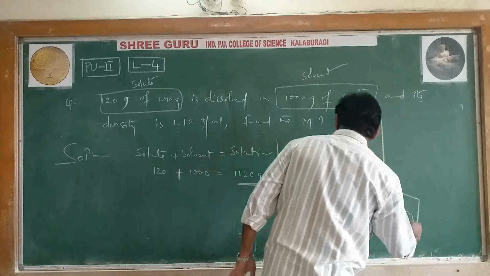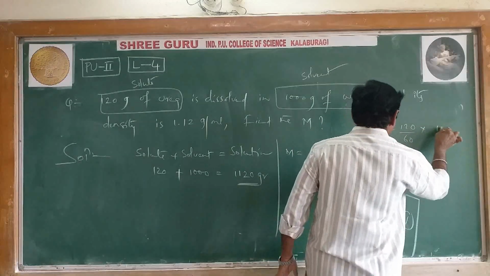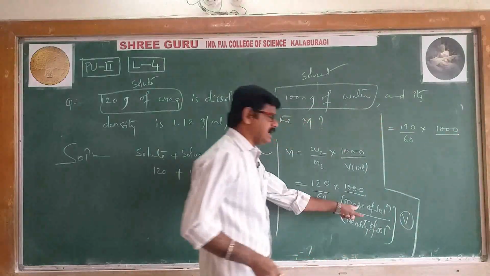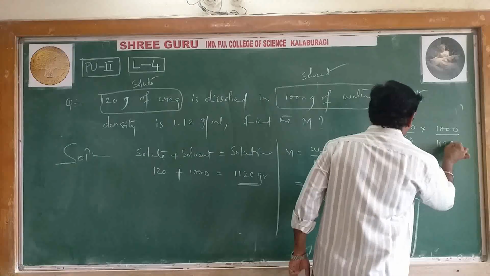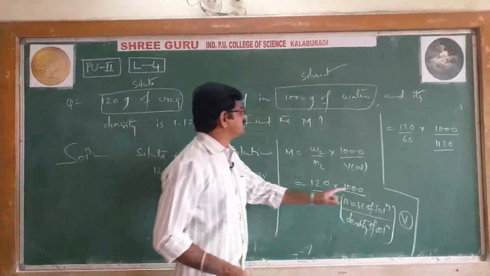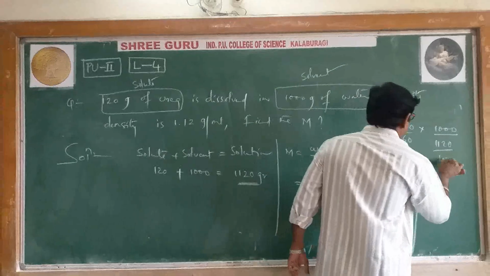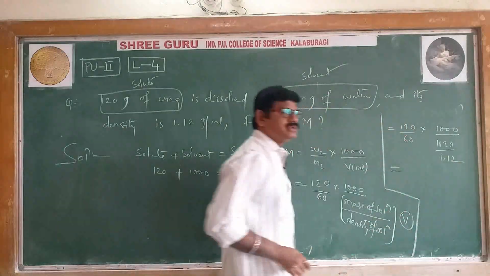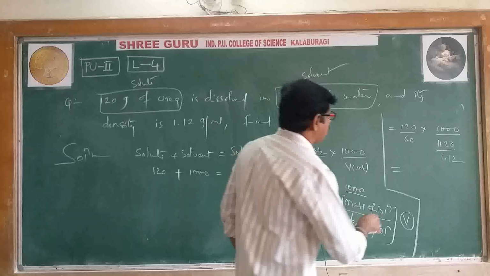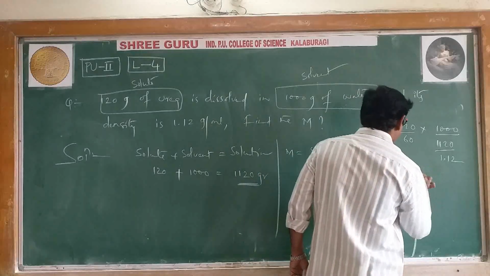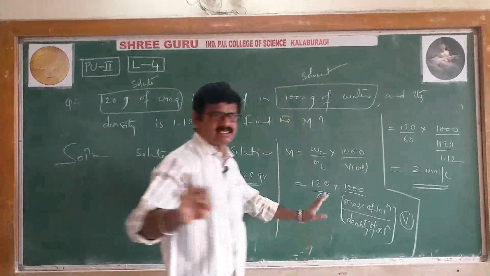Therefore, if you simplify the values, 120 divided by 60 into 1000 divided by mass of solution, 1120, divided by density of solution, which is given as 1.12. If you do the simplification, you will get 2 molar. You will get just 2 molar, nothing but 2 mole per liter. That's all.